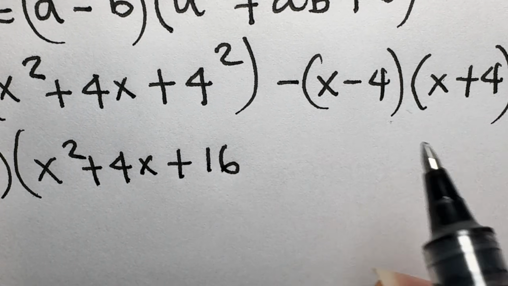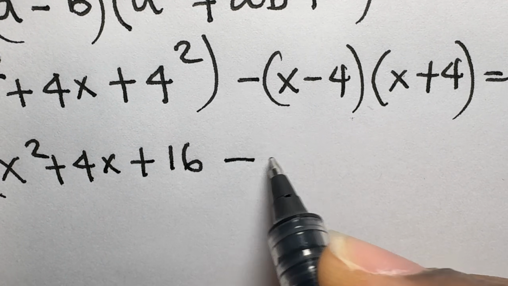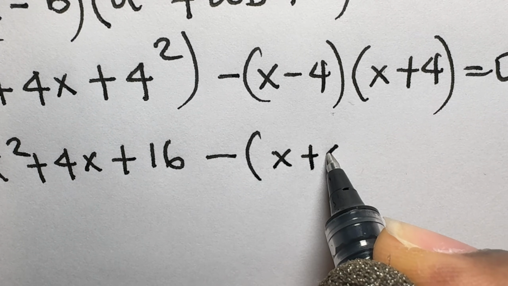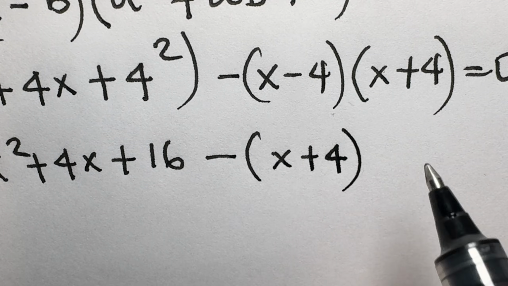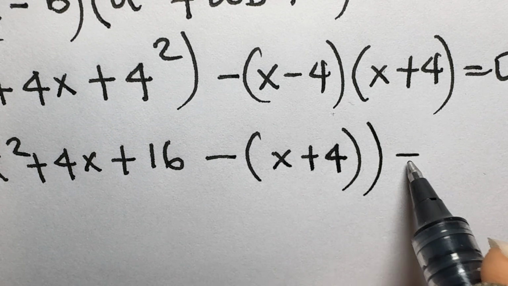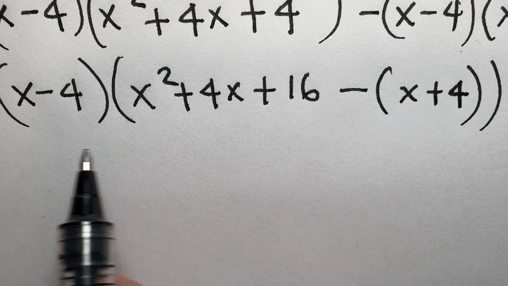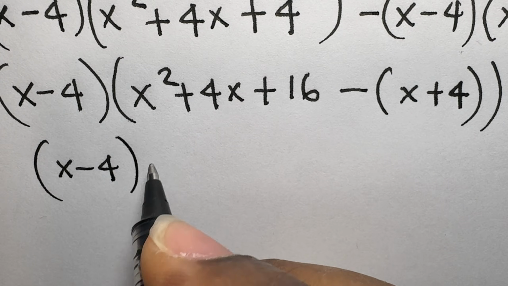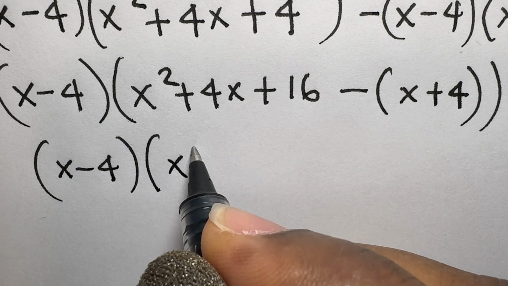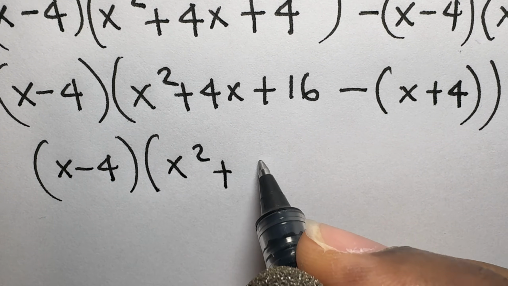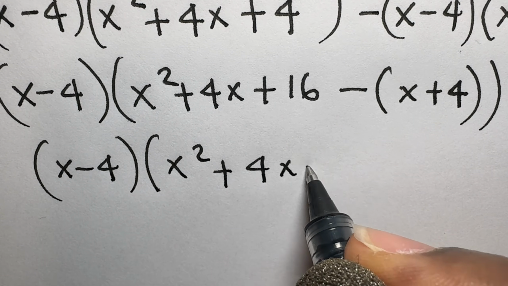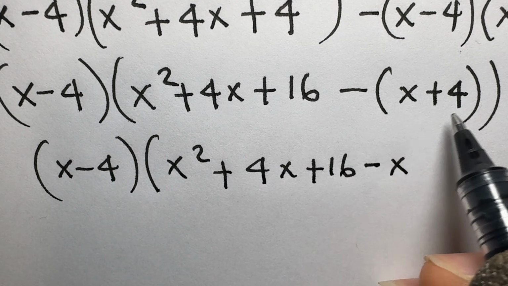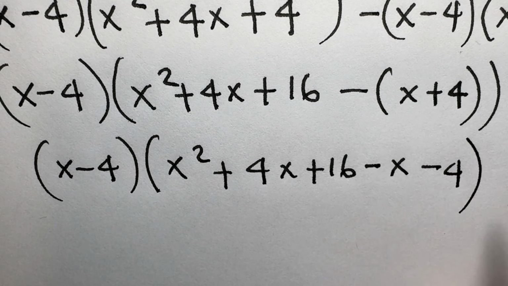Then what will be left here is this, so we have minus x plus 4 is equal to 0. Then we tidy all of this up. We have x minus 4 into, this is x squared plus 4x plus 16 minus x minus 4 is equal to 0.